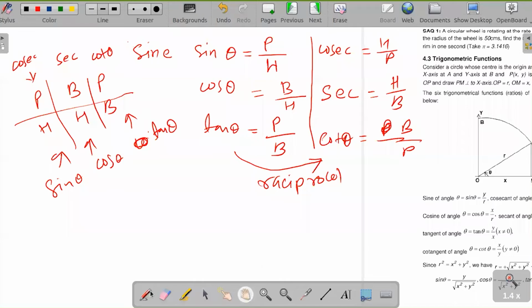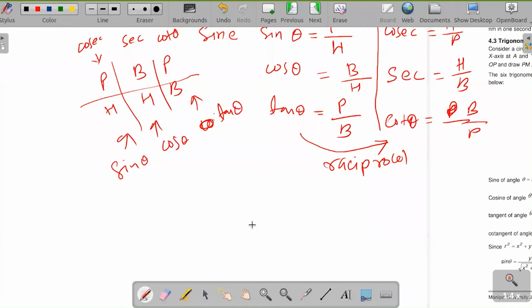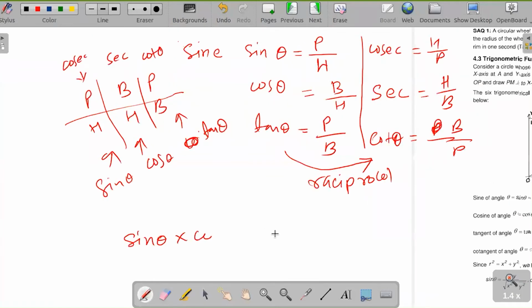If we do sine into cosec, what will you get? Maybe it should be h by p, right? 1. Correct answer. Why is it 1?